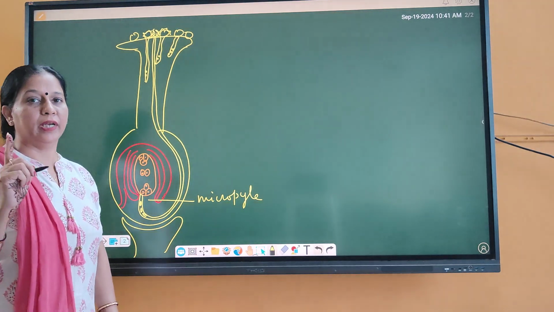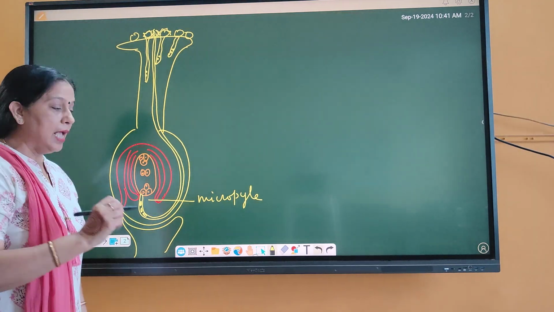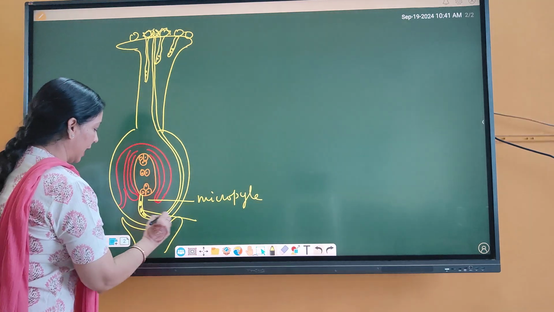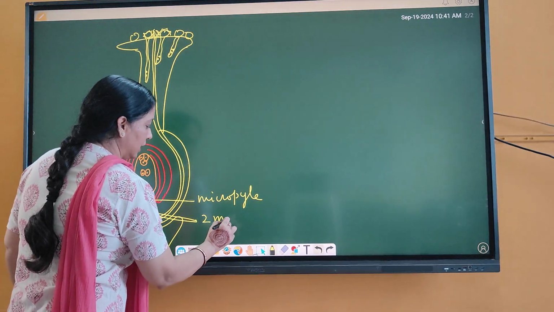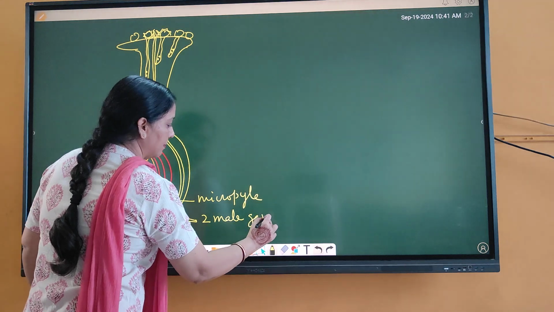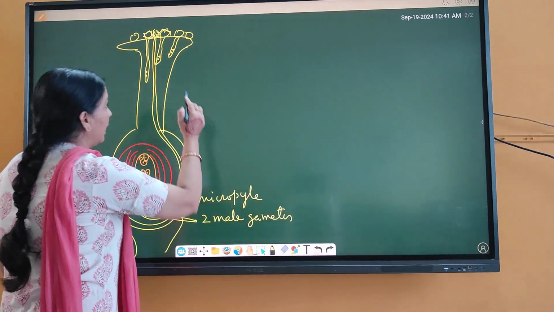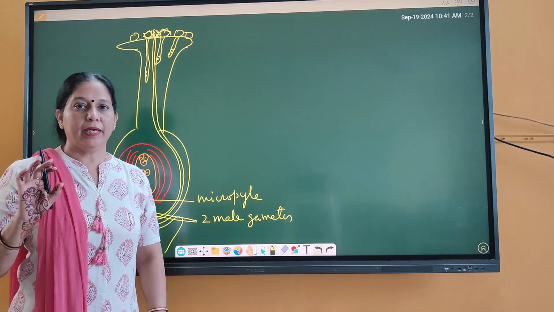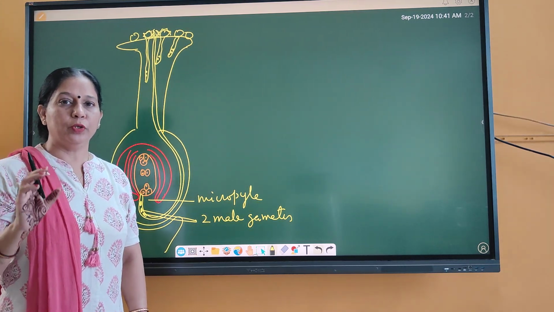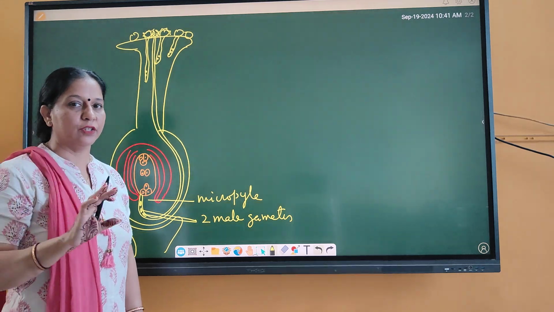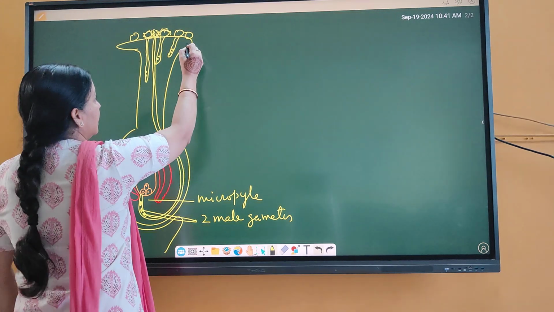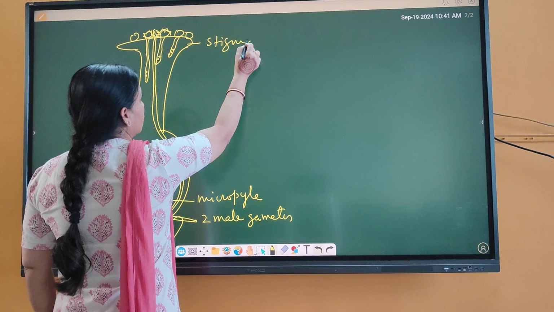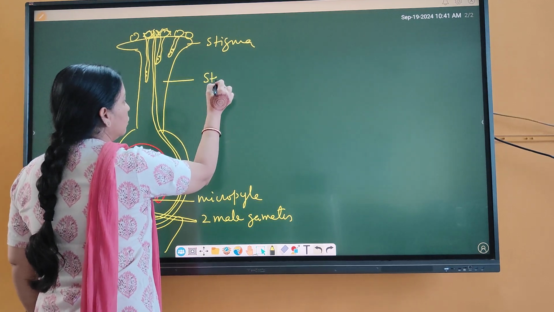The first nucleus is called the tube nucleus, followed by two nuclei which are known as the two male gametes. When pollen grains germinate on the stigma, the entire content, cytoplasm, tube nucleus and two male gametes, are transferred into the pollen tube, which is growing towards the ovule through the style.